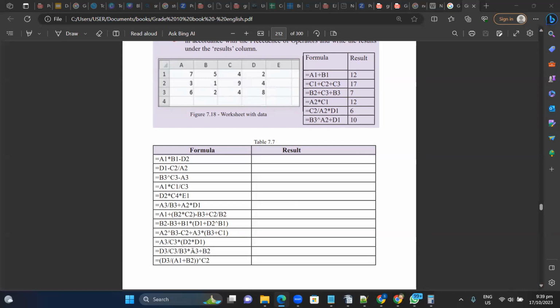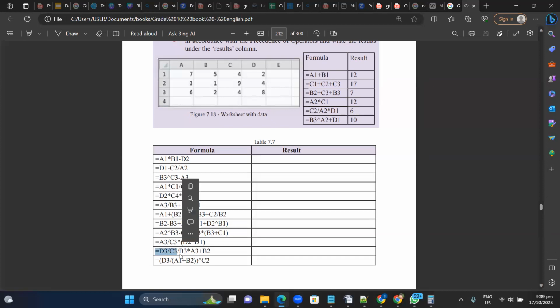Here, division and multiplication will happen in order. D3 divided by C3. When they are at the same level, it goes left to right. Multiplication and division are at the same level, so it will happen from left side to right side. So first D3 is divided by C3. D3 is 8, C3 is 4.